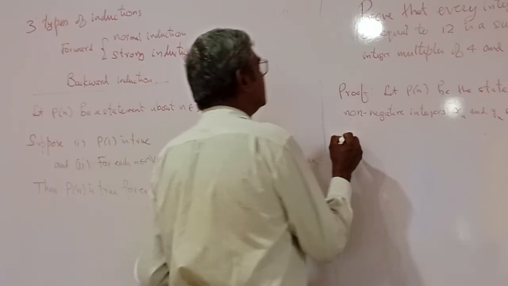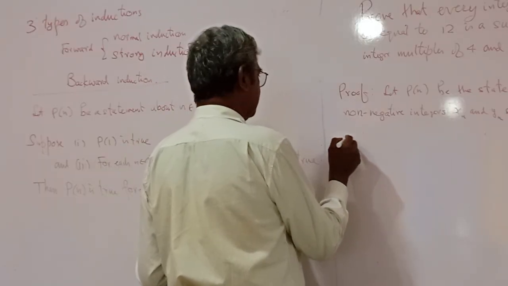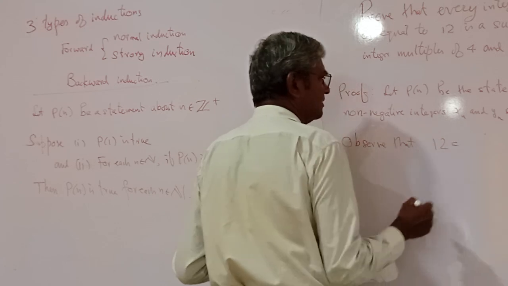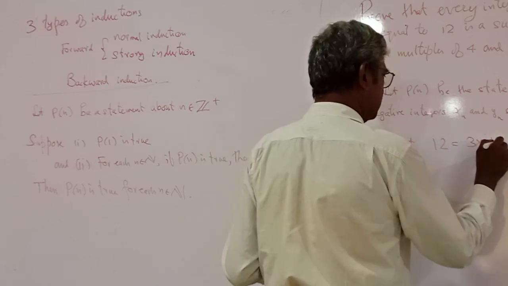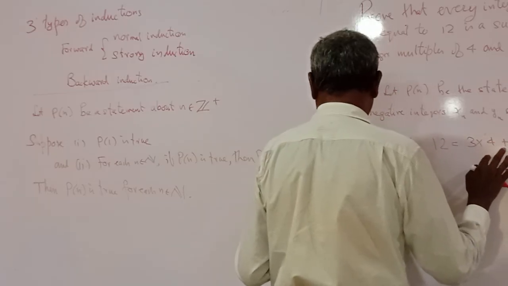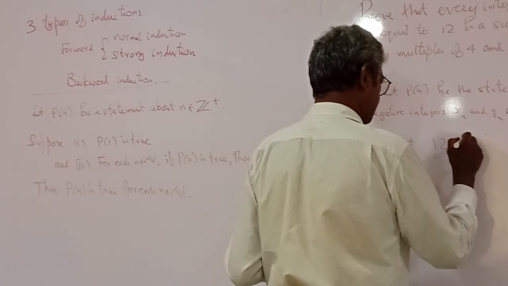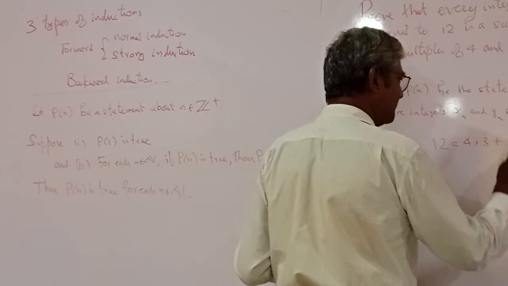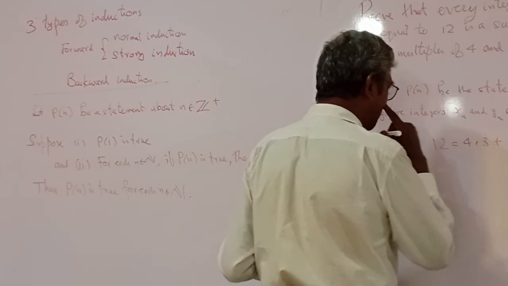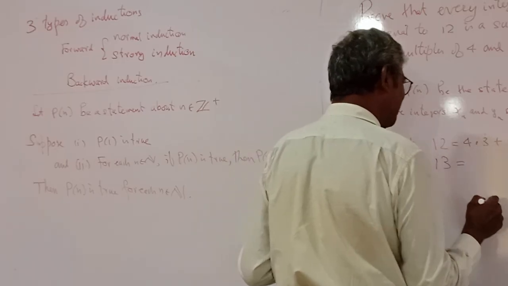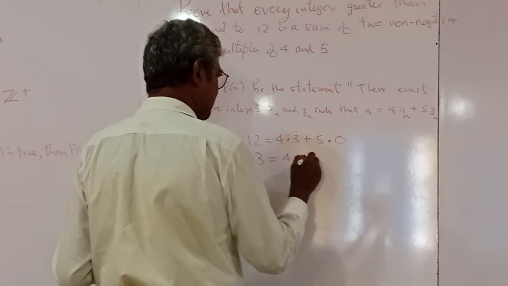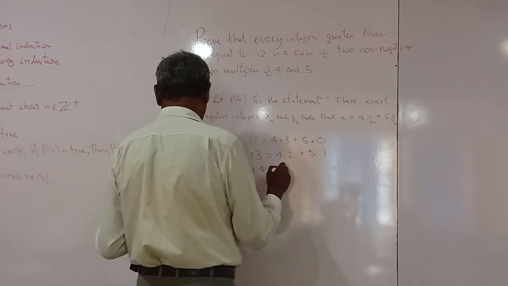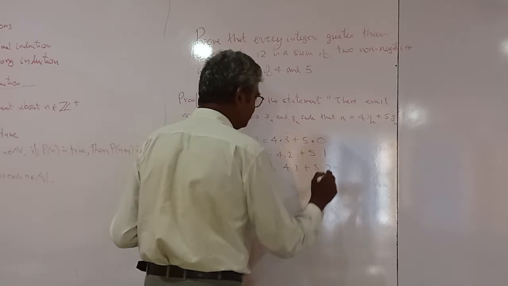Let me observe that 12 is equal to 4 times 3 plus 5 times 0. 13 is equal to 4 times 2 plus 5 times 1. 14 is equal to 4 times 1 plus 5 times 2.